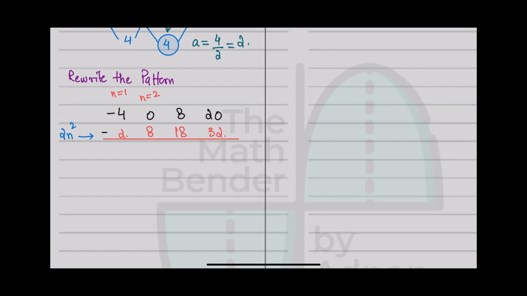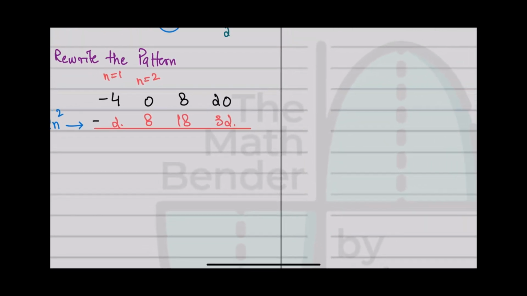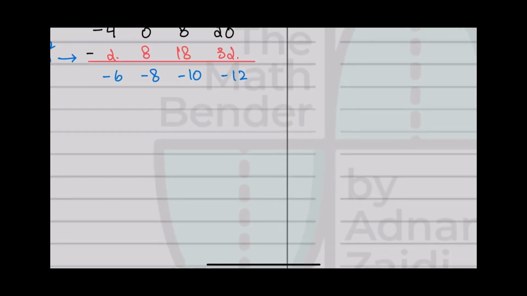Once I take out their differences, this will become -4 minus 2, which is -6. 0 minus 8 is -8. 8 minus 18 is -10. And 20 minus 32 is -12. I found another new pattern. Now, step 3.